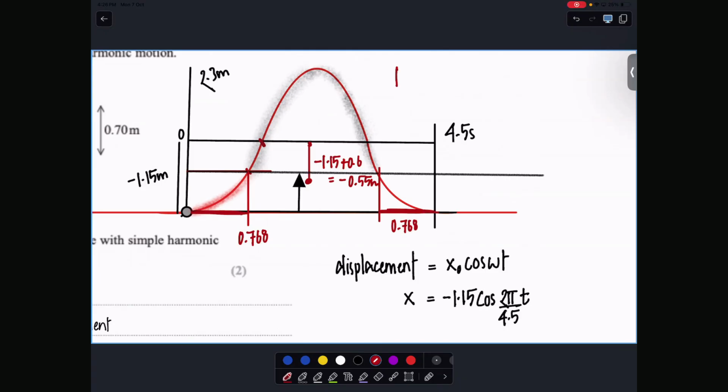Exactly. Okay, so therefore the time above 0.6 meters is going to be 4.5 minus 0.768 into 2. Can you check how much is that? 0.97. Calculate it, is it 0.97?